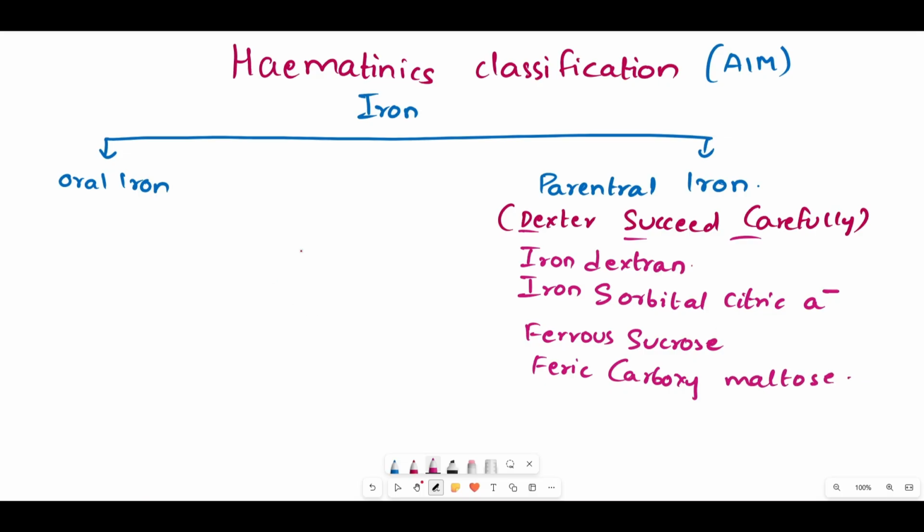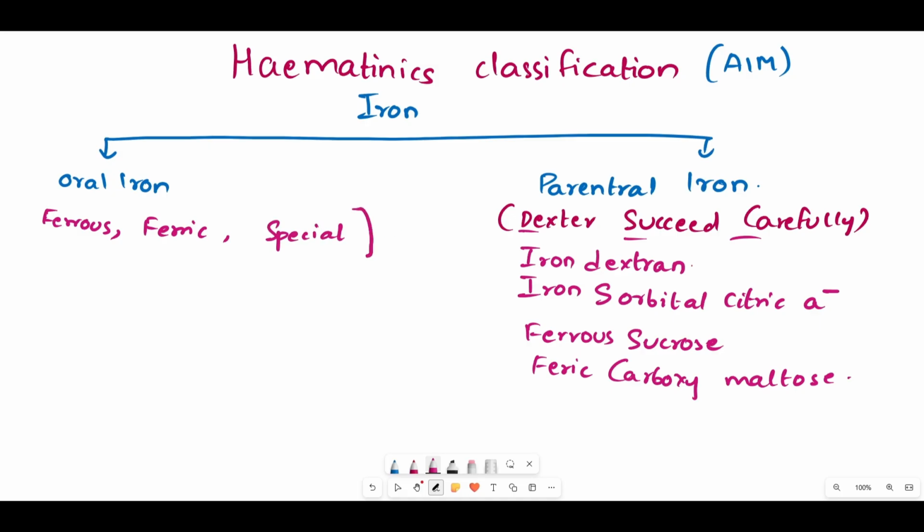Now coming back to the first one, which is oral iron. Now let's divide this into three different parts. So we will be taking it as ferrous, ferric and special.